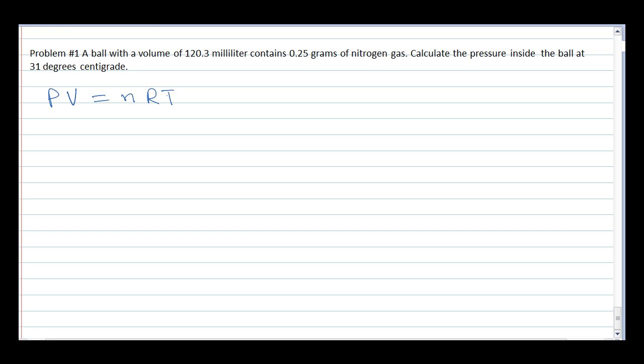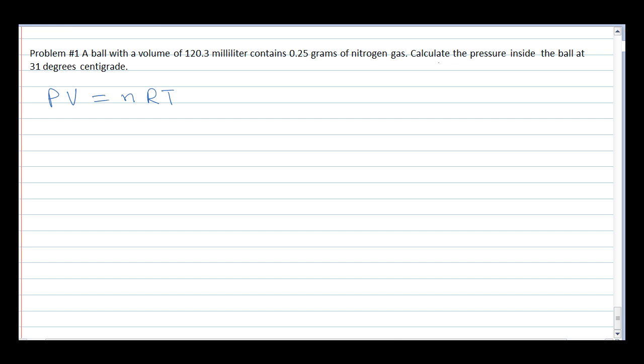In this equation, P is the pressure, V is the volume, n is the number of moles of the gas, R is the molar gas constant, and T is the temperature in Kelvin. Right? So in this problem, let us see what is the item that is being asked.